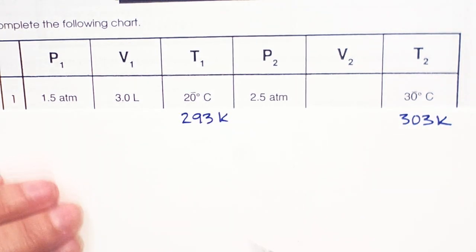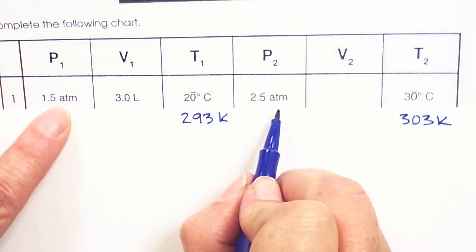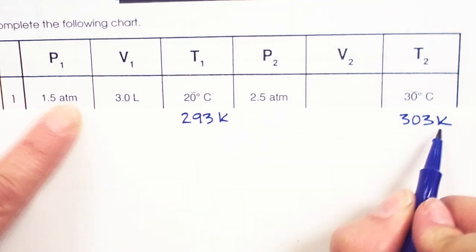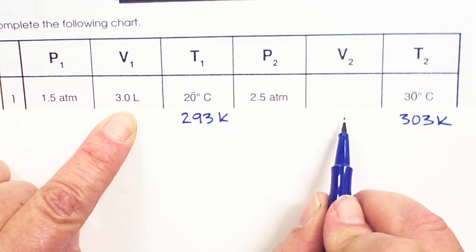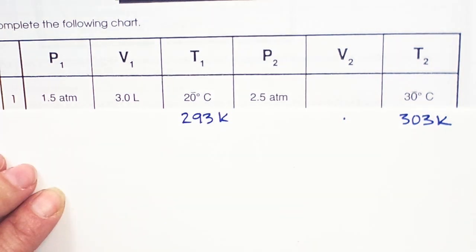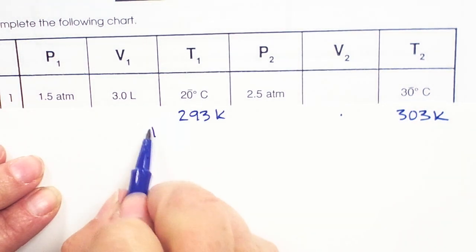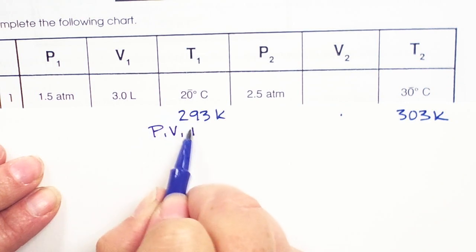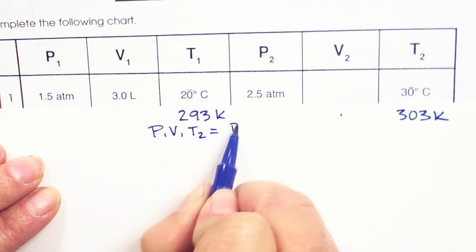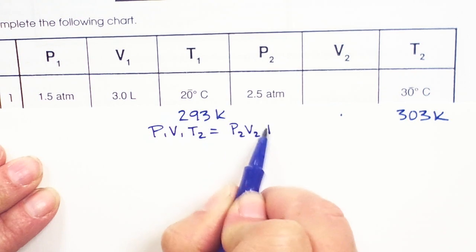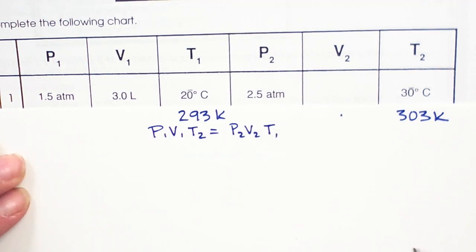Next, check to make sure all your units are the same for the formula. I have ATMs, that's the same, and Kelvin, that's the same, and liters, so I'm going to end up with liters for my answer. So now I'm going to lay out my formula. P1 V1 T2 equals P2 V2 T1. And now I'm going to plug everything in.